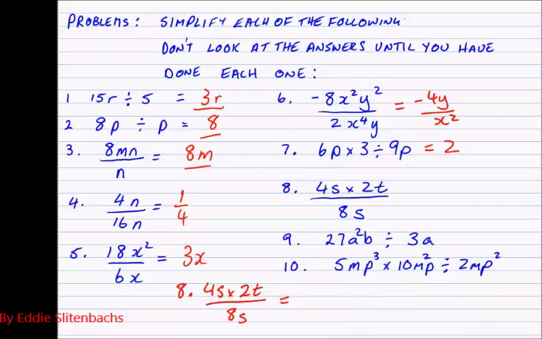Okay, let's do the next one. When it's multiplied up the top, we can cancel across. So we can say 4 into 8 is 2, and then 2 into 2 cancels completely. And then the s down there cancels with the s, and we're just left with that 1t up there, so the answer to that equals t.